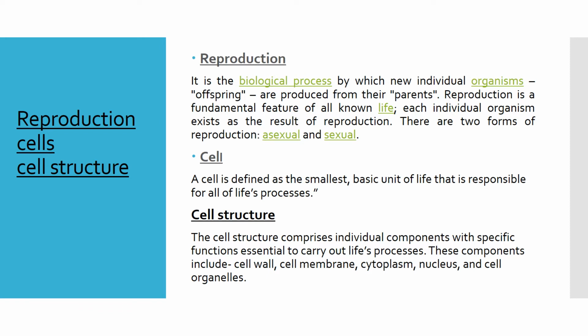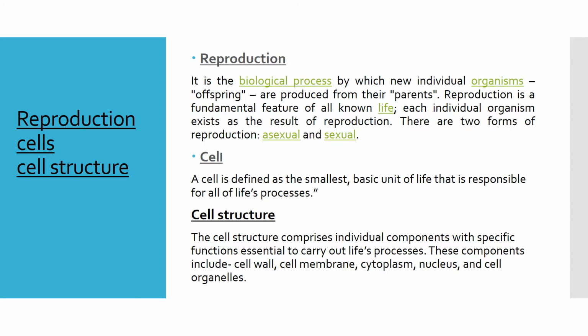First, reproduction. All living things make copies of themselves by the process of reproduction. Reproduction is a biological process by which new individual organisms, offspring, are produced from their parents.